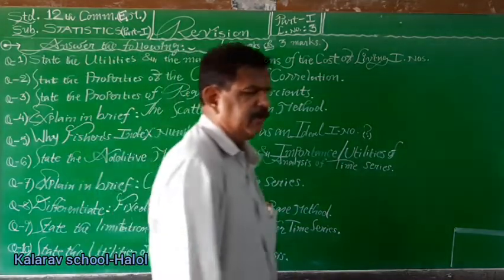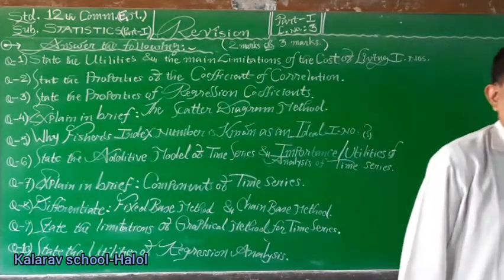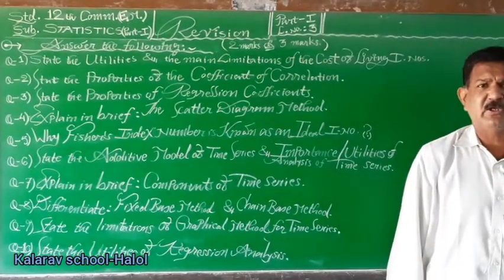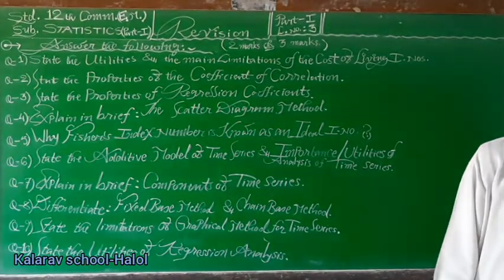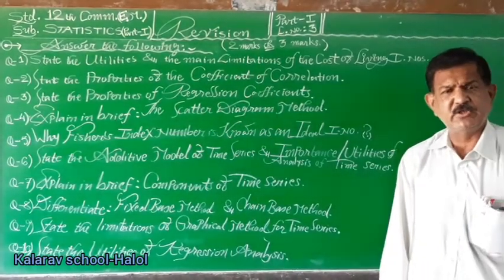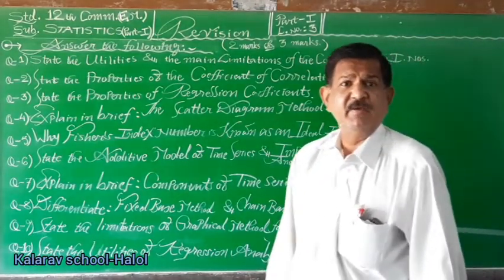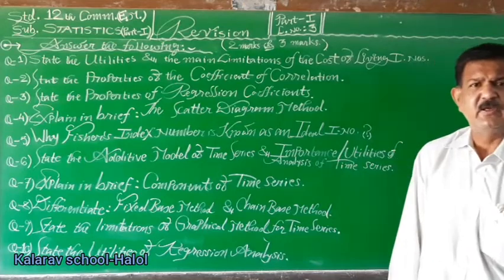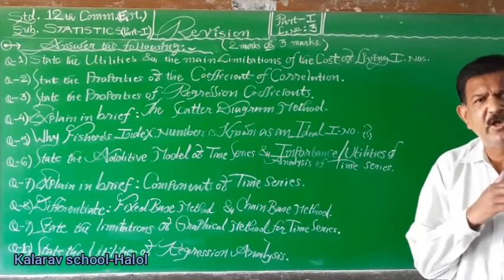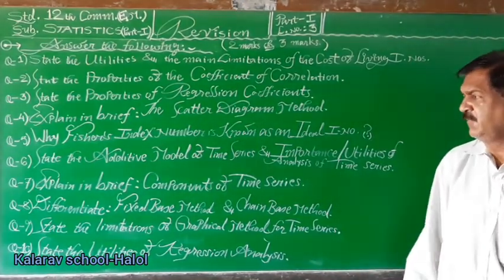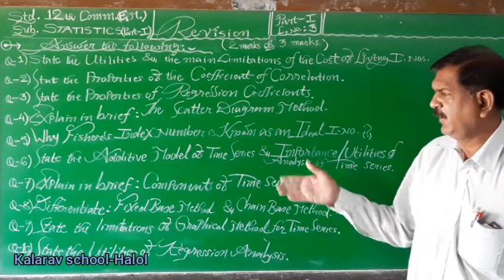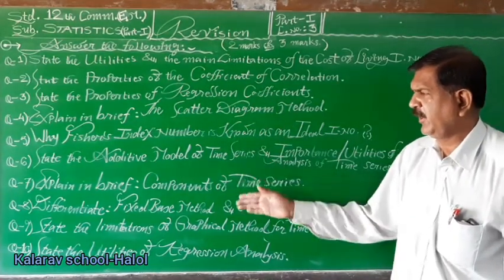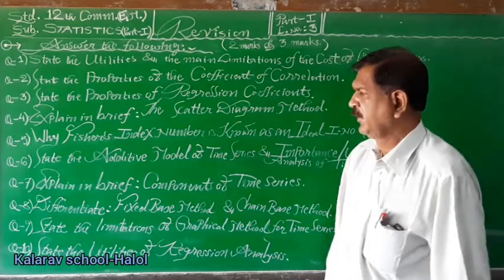Explanation means explain in brief. These four are the main components. Trend means long-term movement. Seasonal movement means seasonal variations. Cyclic movements occur in most business cycles, right? And random variations or irregular variations. The time period and the example are both included in these questions.